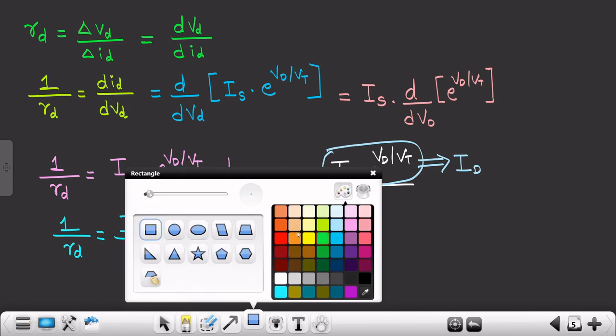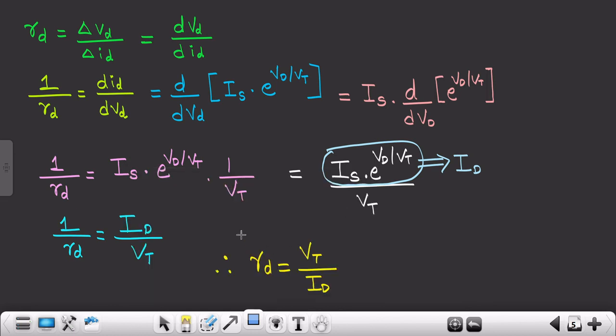This is the formula for rd, the dynamic resistance, and vt is the thermal voltage.